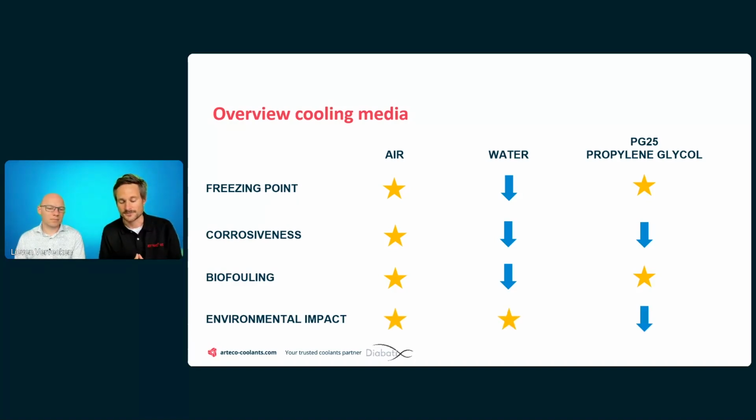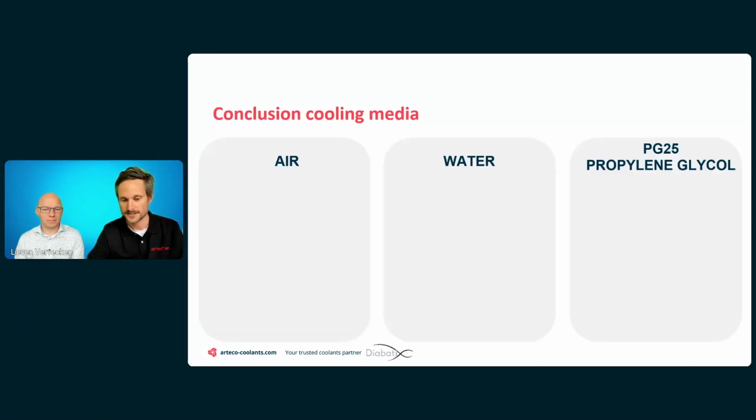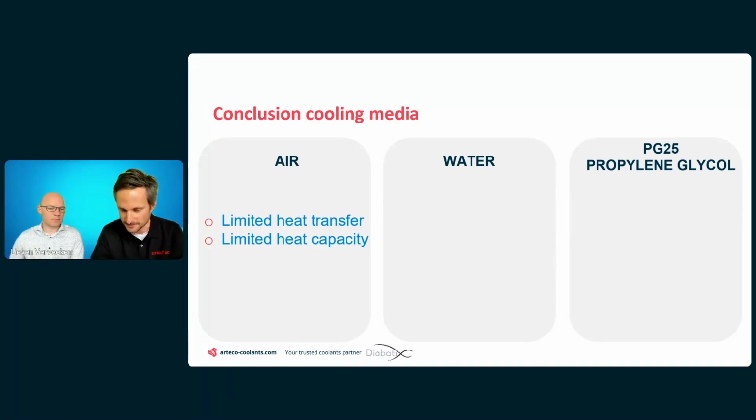And then on environmental impact, well, if you look at the sourcing of the material, air, water, of course, there's no issue with that. Propylene glycol, on the other hand, is derived from a fossil fuel still today. So in a nutshell, on the current ways of cooling data centers today, well, we know that air has a limited heat transfer and a limited heat capacity.